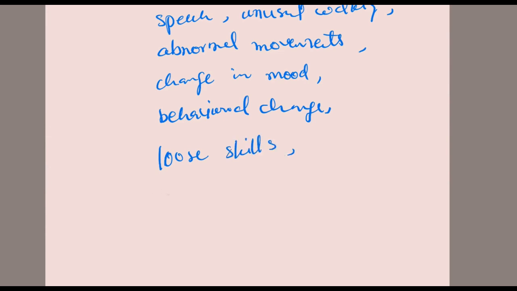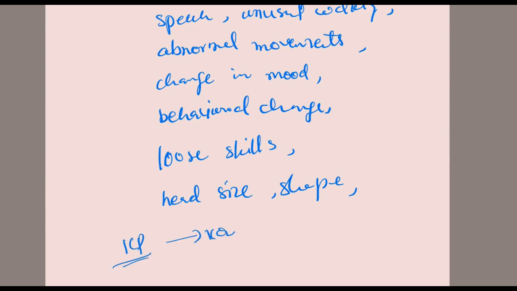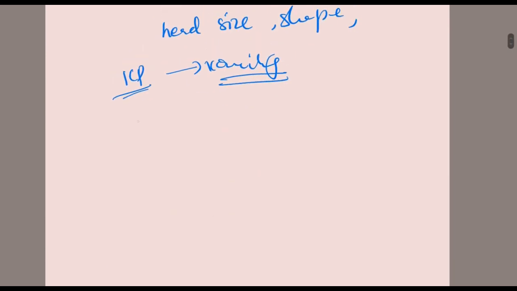Do you have any concern regarding his head size or head shape? Any signs of raised ICP, like vomiting in the early morning, any blurring of vision? You need to ask that. An important thing is the neurocutaneous markers: did you notice any kind of skin spots, or neurocutaneous markers?